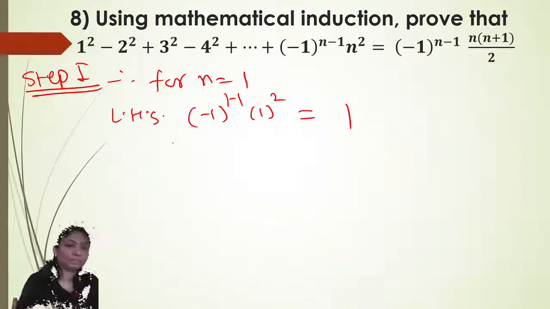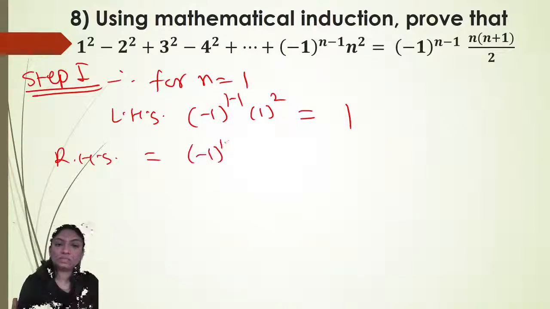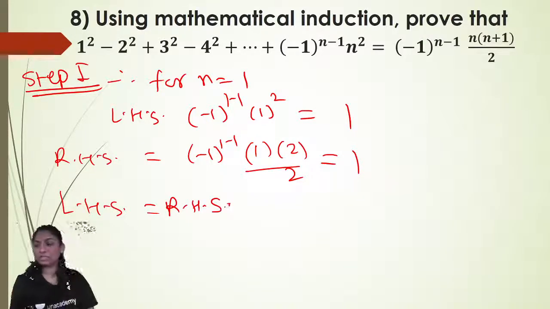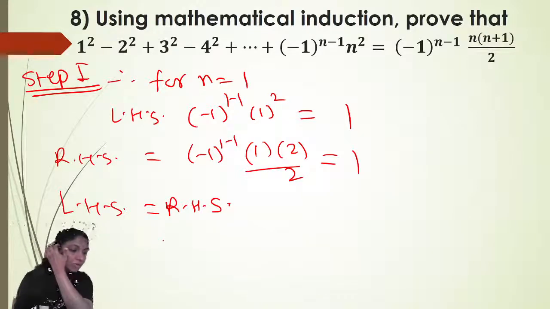So here it is 1. RHS: minus 1 raised to 1 minus 1 into 1 plus 1 by 2 is equal to 1. So LHS is equal to RHS. Done this.